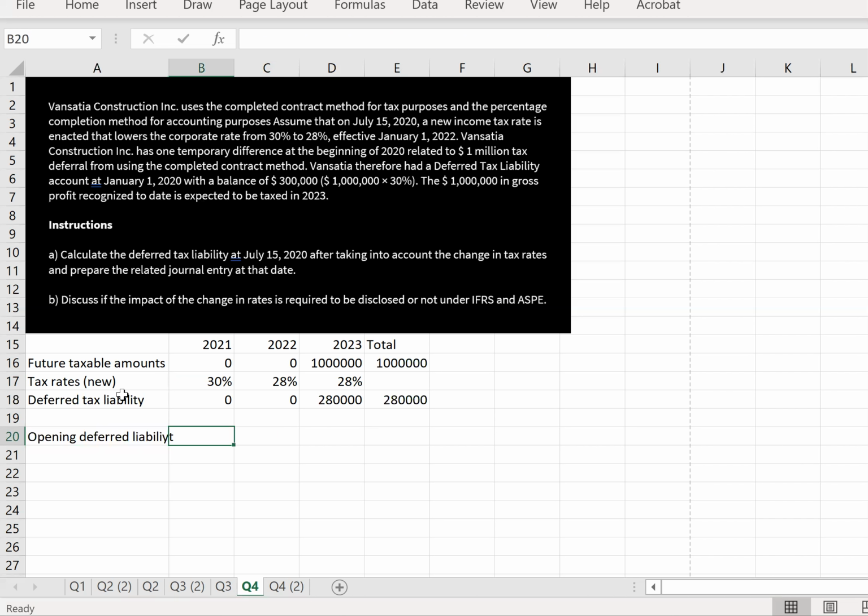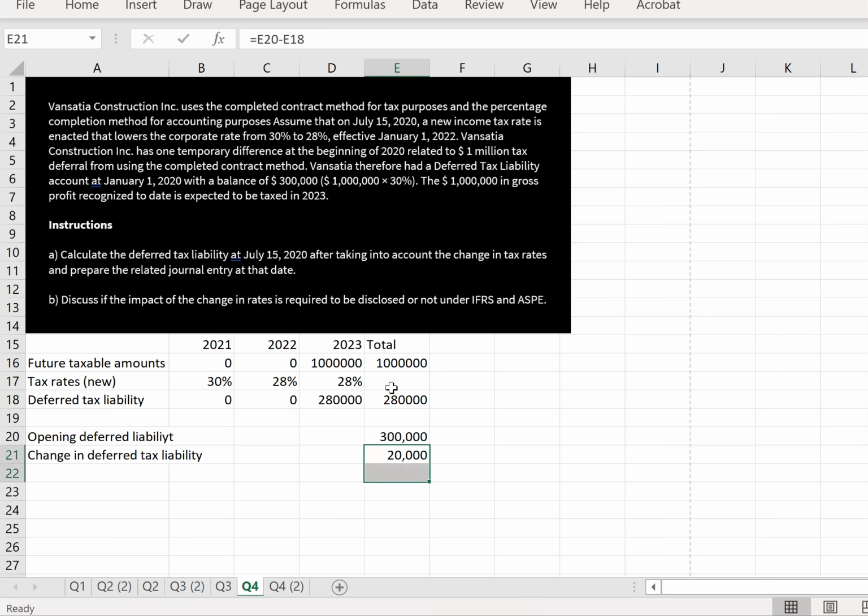Remember that this account is the change, and here I already had 300,000. Whoops, not 3 million, 300,000. So my change in the deferred tax liability is going to be the 300 minus the 280.